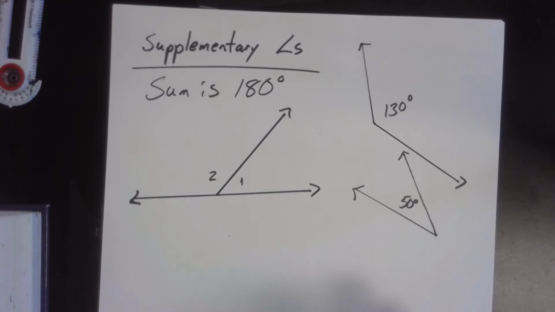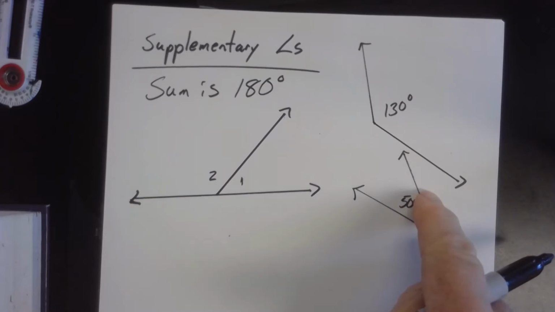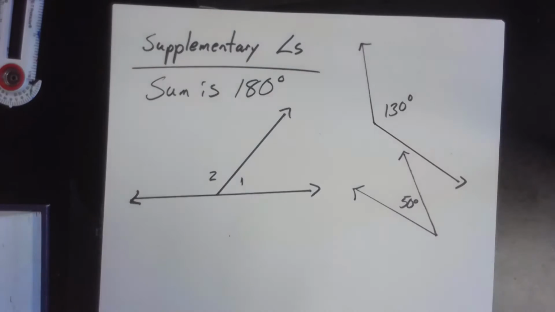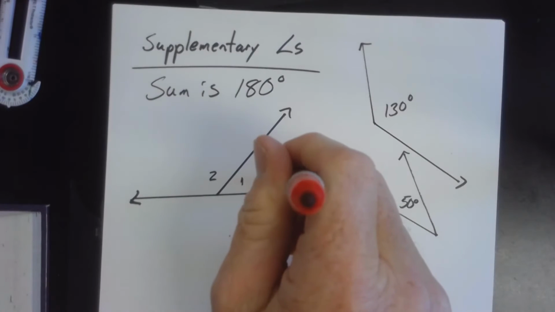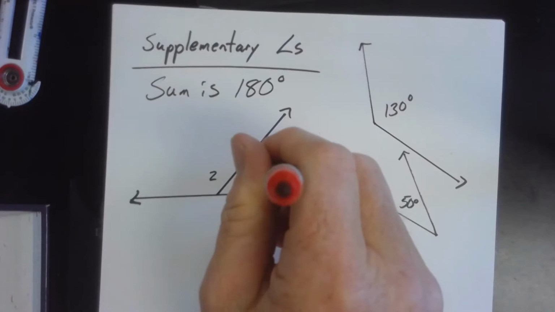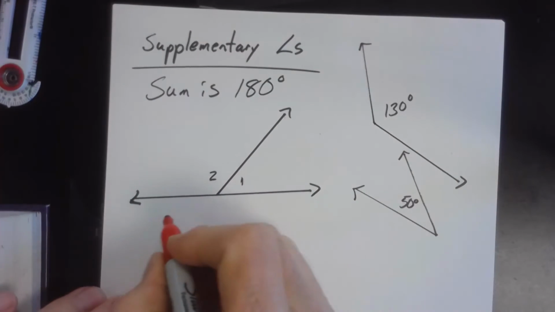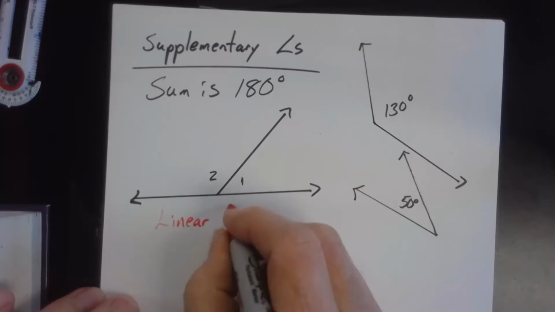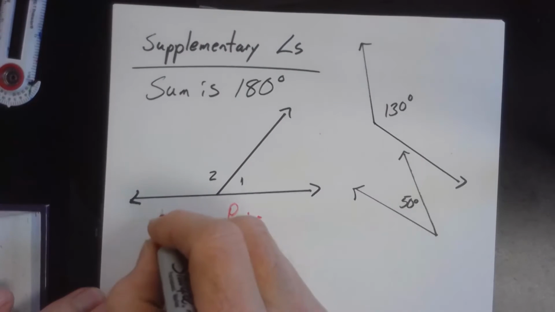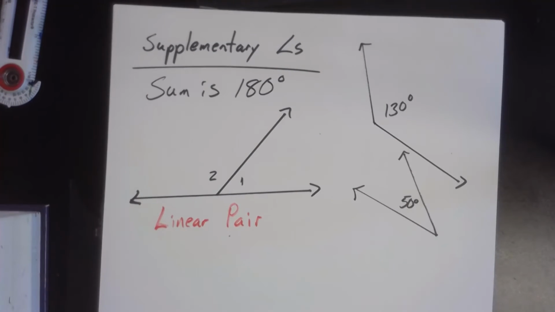Okay, let's go. All right, so non-adjacent, adjacent doesn't matter. They're still supplementary if their sum is 180. Now, this particular situation right here, we want to talk about this. These two angles are called a linear pair. And you can see why.